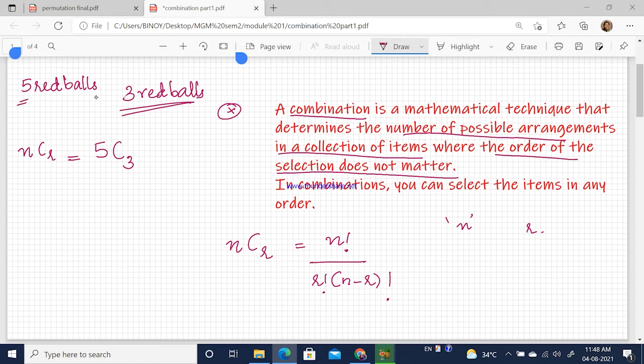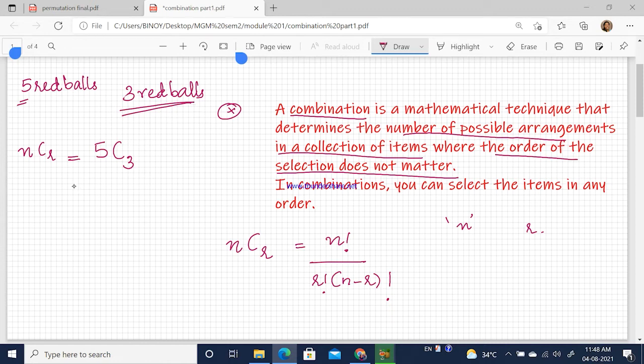So I have been given 5 red balls. Out of 5 red balls I have to take 3 red balls. How many combinations of red balls can I make? This is what this expression means. So 5C3 means from 5 red balls I take 3 red balls.